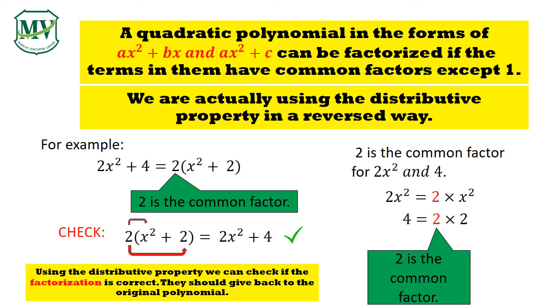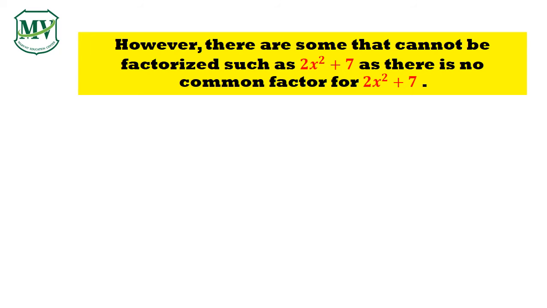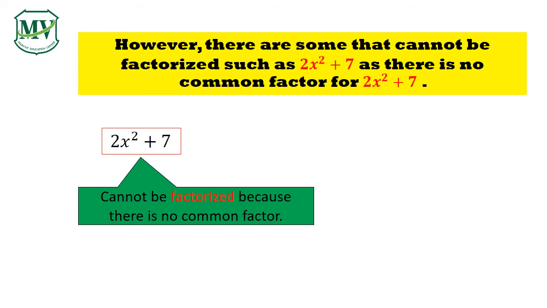So using the distributive property, we can check if the factorization is correct. They should give back the original polynomial. However, there are some that cannot be factorized, such as 2x squared plus 7, as there is no common factor for 2x squared plus 7. So 2x squared plus 7 cannot be factorized because there is no common factor.